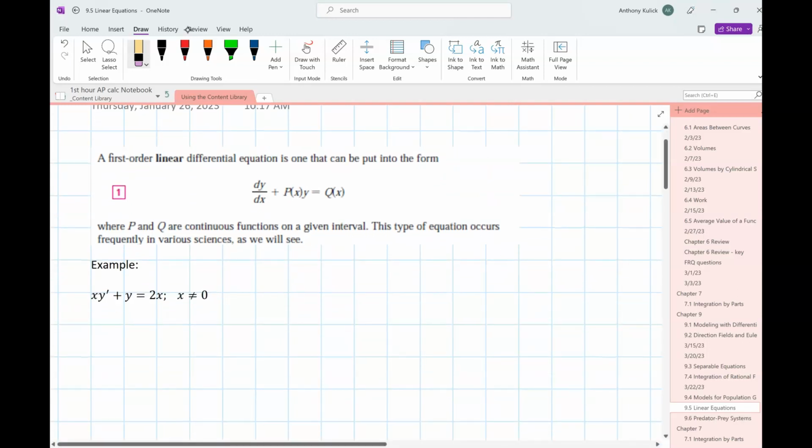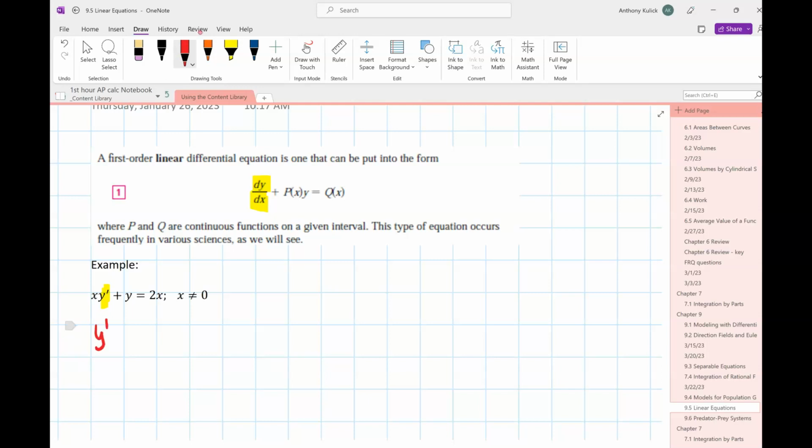So, for example, something like this we can make into that linear form, right? What am I going to have to do to get this equation into the linear form above? I need the y prime by itself, right? So what should I do?